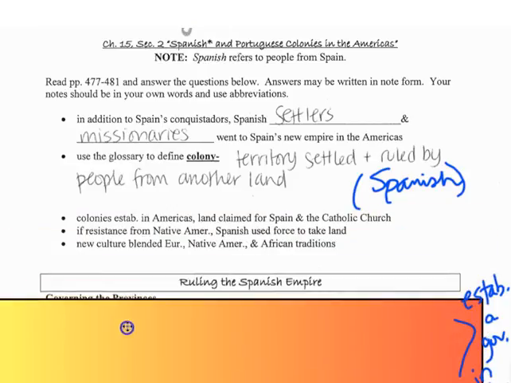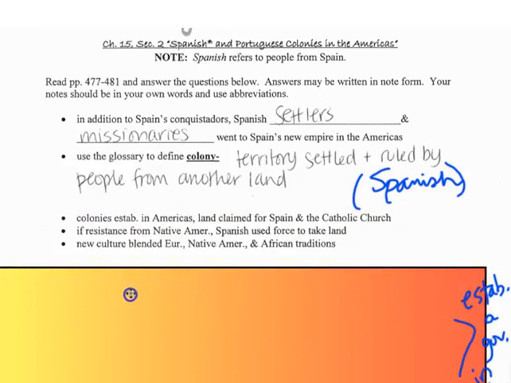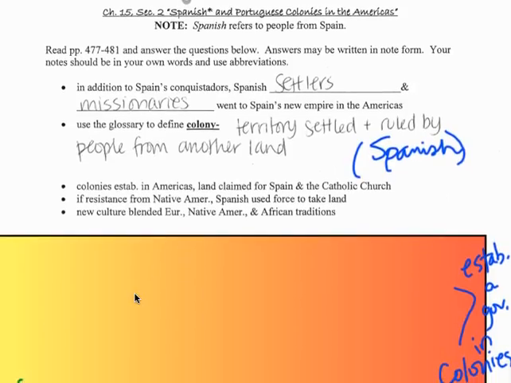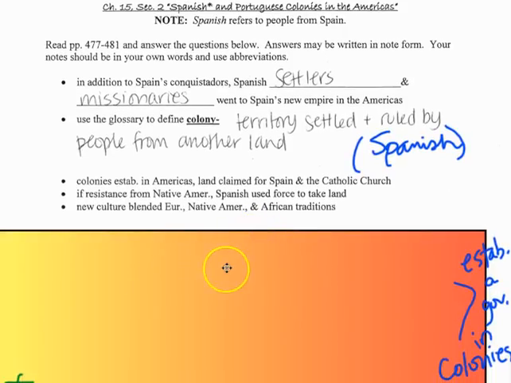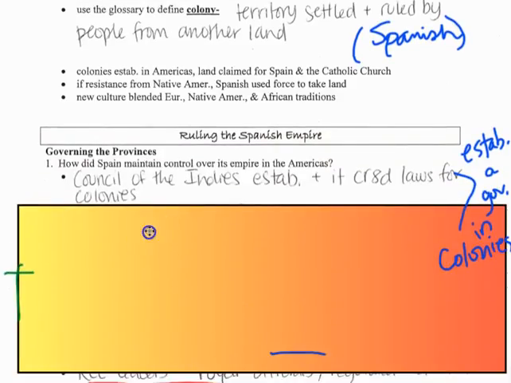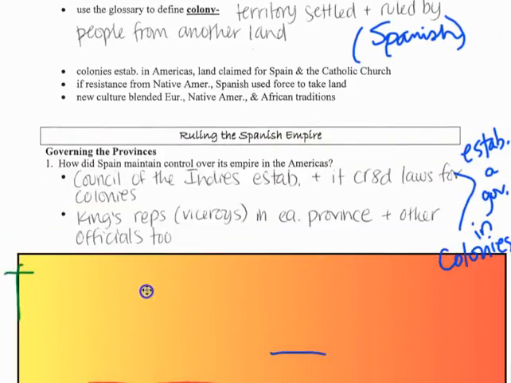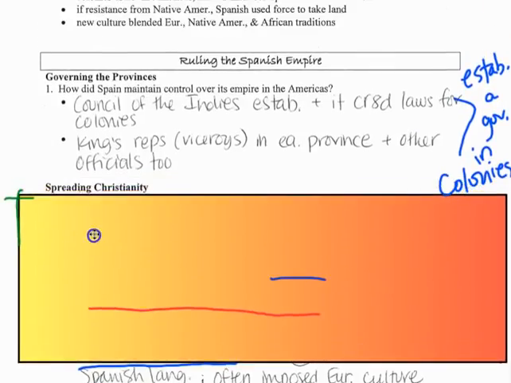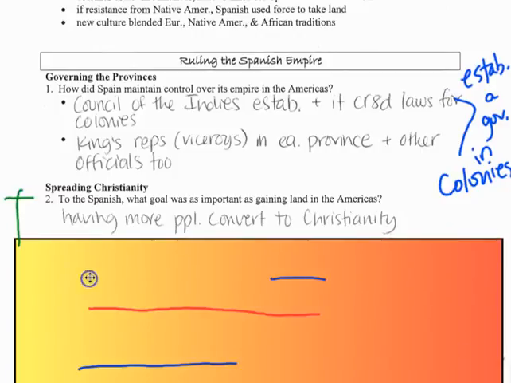We have colonies, and this is something that Spain spent a lot of money, resources and time doing in the 1500s and 1600s. I filled in this info for you, just how Spain set up a government for the colonies in the Americas. You should realize what their goals were in all this: gaining land and having people convert to Christianity.